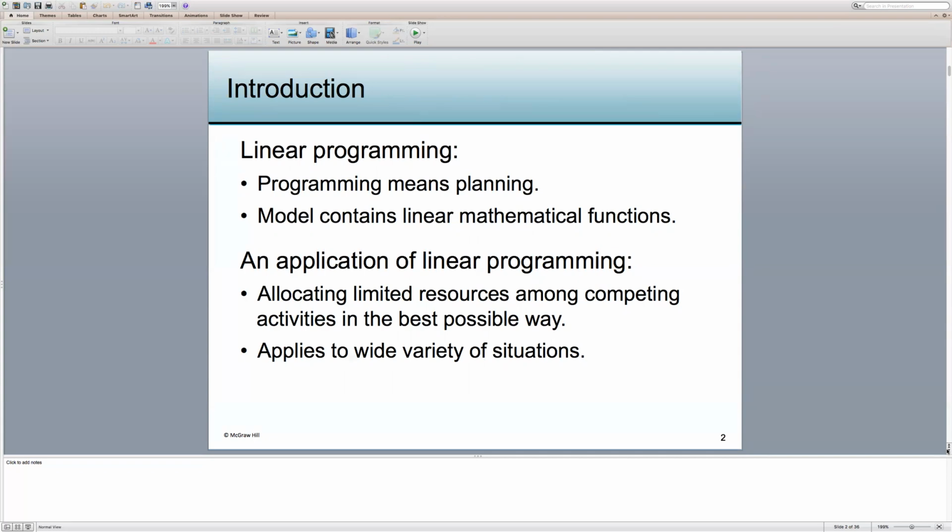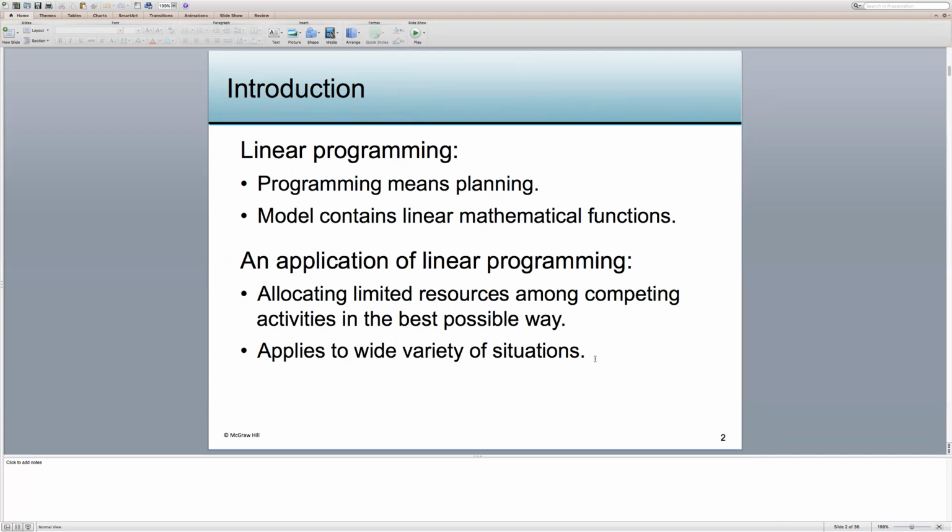So for example, if you're running a business, it might be associated with the different ways you can use your limited resources. Your profit will change. And your goal might be to maximize your profit. So there is what is called the objective function, profit. And you want to allocate your limited resources in the best possible way to maximize the profit.